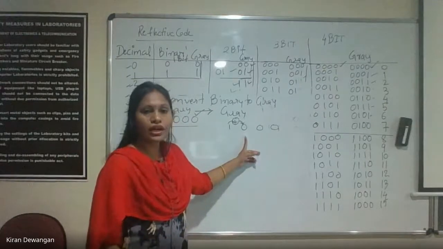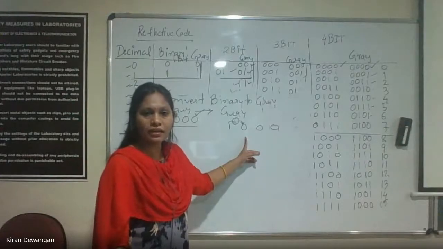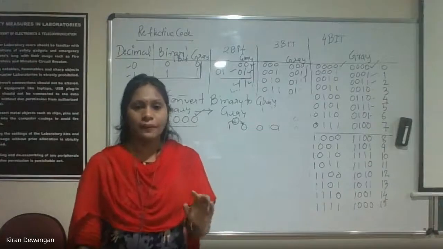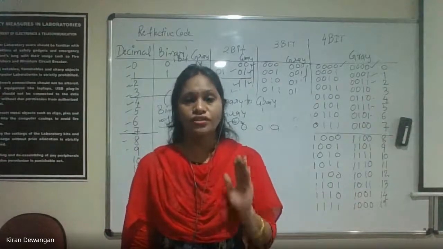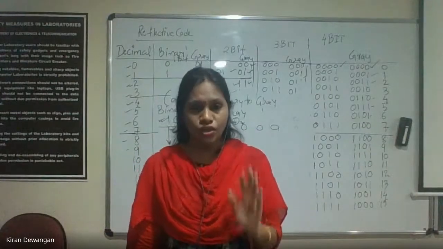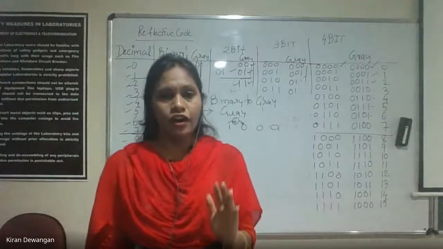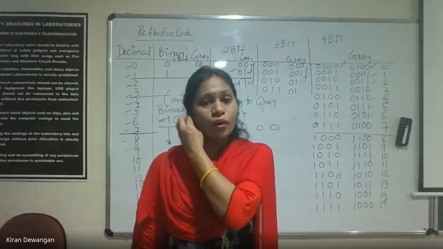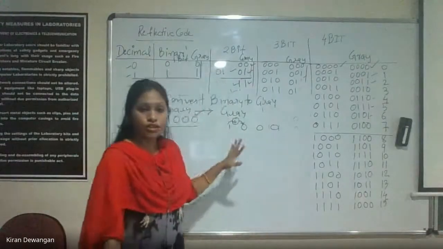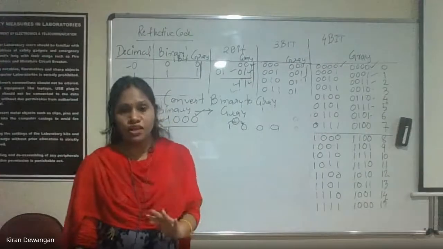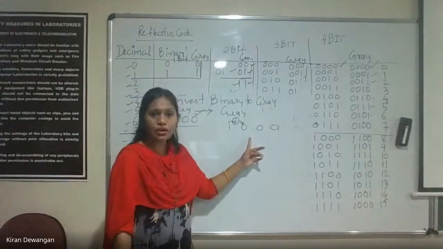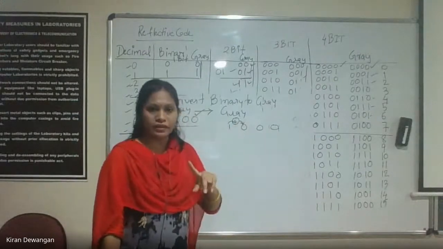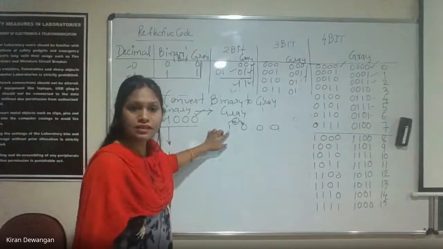Yes, reply. 1 XOR 0 is 1. 0 XOR 0 is what? XOR goes high for different input combinations. If it is 0 0, the XOR output is 0. If it is 1 0 or 0 1, then only the output will be 1. You need to remember this.